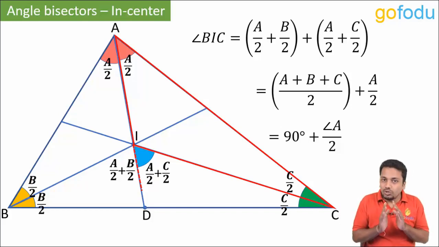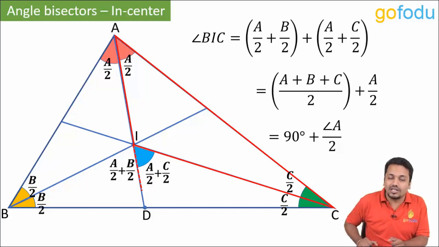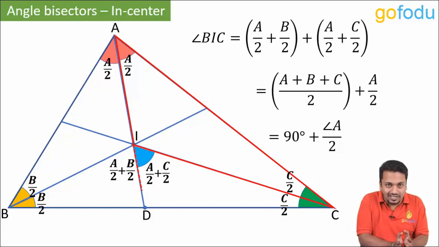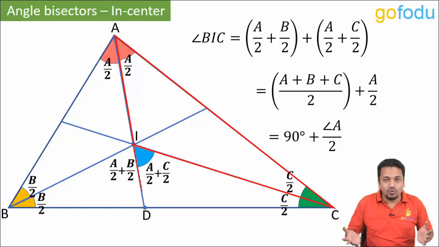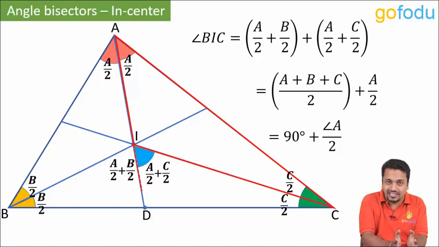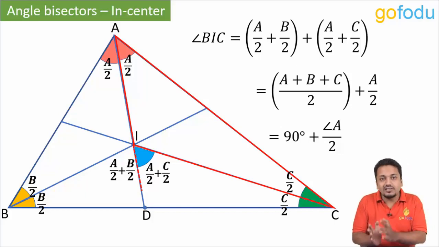Now I don't want you to remember this result, because it hardly takes 10 seconds to derive it the second time. Now we have already done this once, so next time it will be a matter of a couple of seconds. Of course, remembering it will save you 10 seconds in the exam. Totally your call. I personally tend to forget, so I derive.